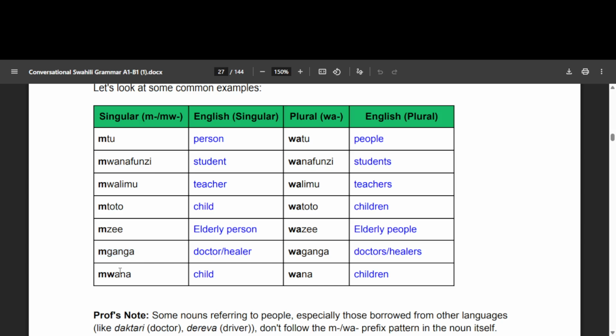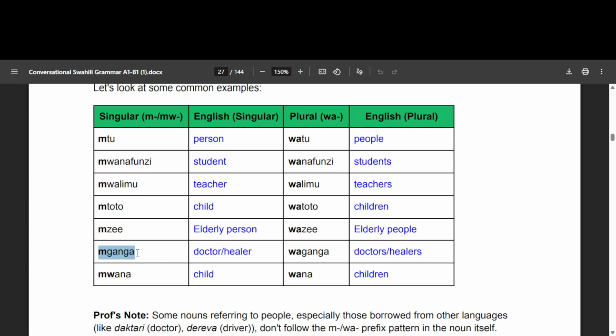Mwana is a child. Wana, children. This word, mganga, is a term that is used to refer to a doctor who uses traditional medicine. Some doctors use traditional medicine or do witchcraft, and some of them are called mganga, but the mganga typically is a traditional doctor.